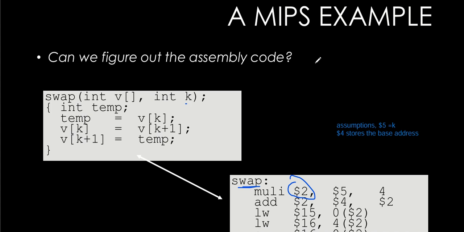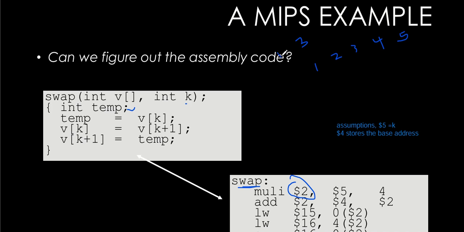So let me show it. For example, if you have 1, 2, 3, 4, and 5 stored in the array, and assume k is 3, right? So here the initialization is what? First initialize temp. If initialize, it just means create a variable.